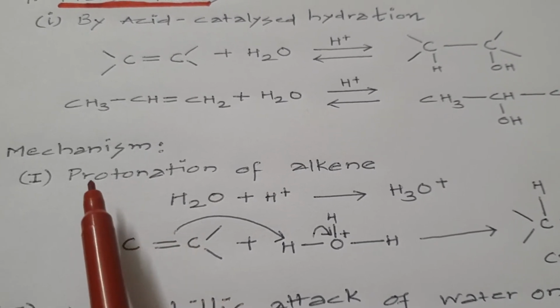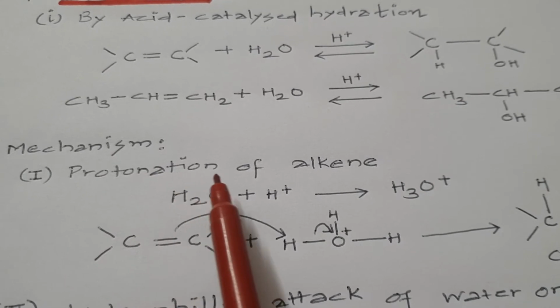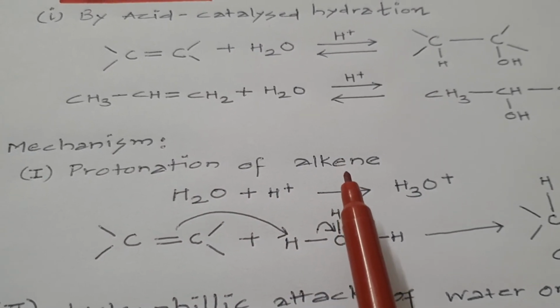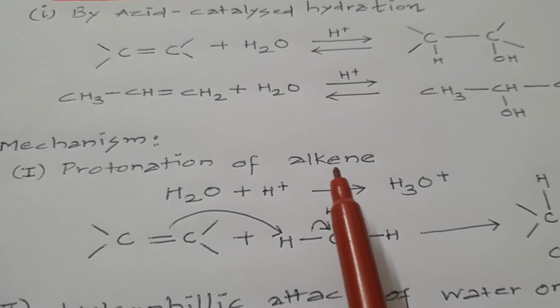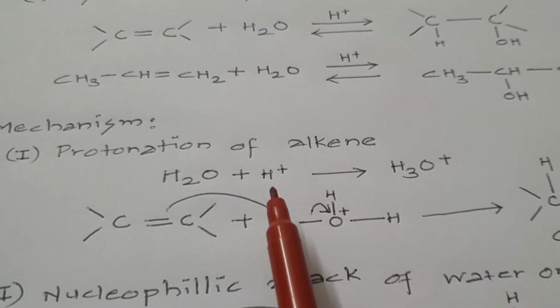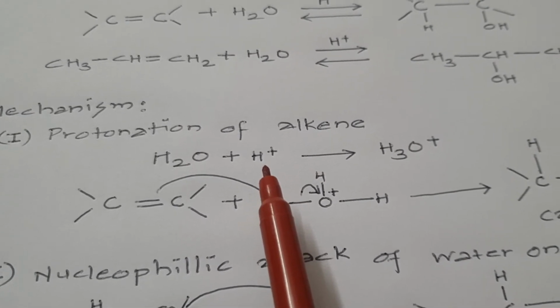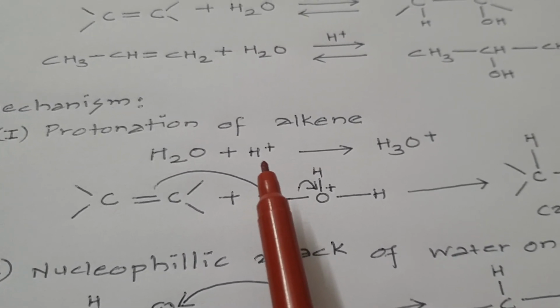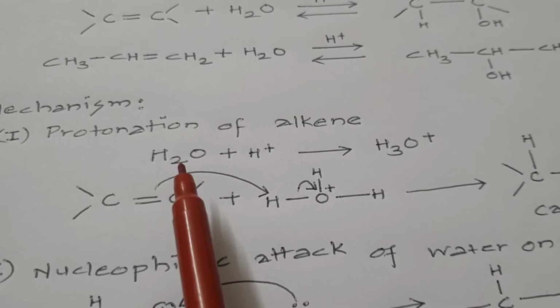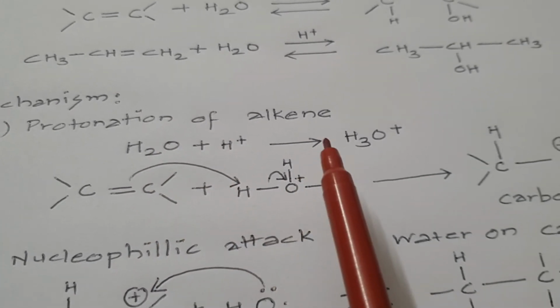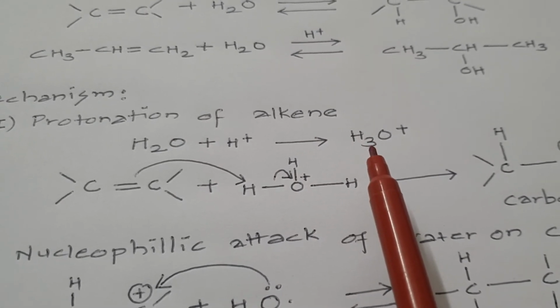The first step is protonation of alkene. Now, what is this protonation of alkene? As we have said that the reaction is an acid catalyzed reaction, what actually happens is the water reacts with the acid in order to form hydronium ion.